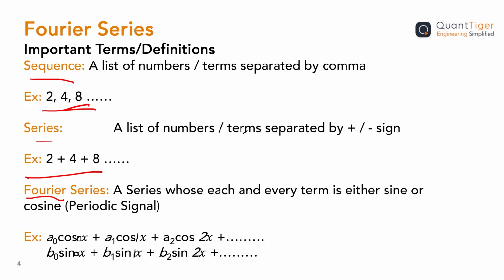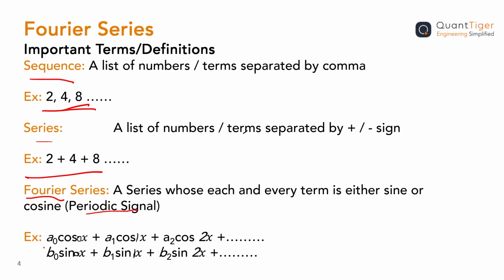जैसे मैंने अभी इसके पहले बताया था कि this is applicable for sine and cosine waves, meaning the terms which we will be using here in this series will be in the form of sine and cosine along with some constants also. So that's the way we represent it here.